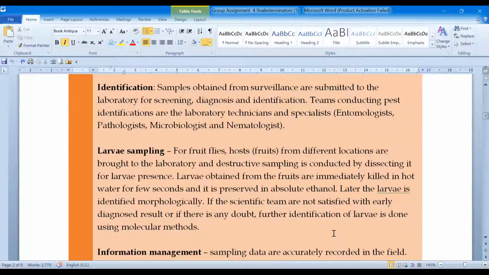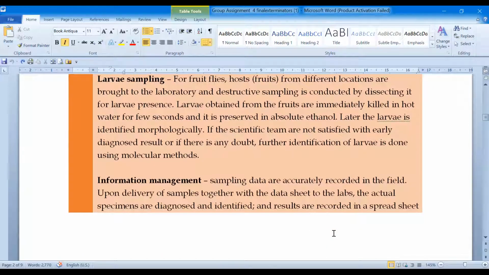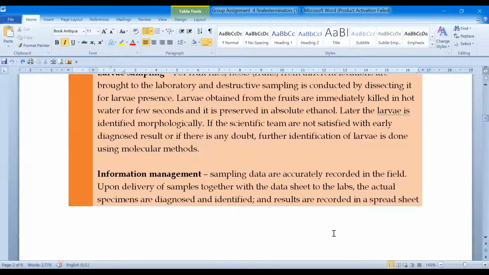Later, the larvae is identified morphologically. If the scientific team are not satisfied with any diagnosed result, or if there is any doubt, further identification of larvae is done using molecular methods. So this is more to do with ensuring that this exercise does not lead to the spreading of the pests.